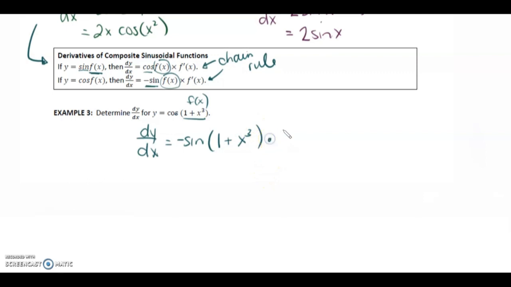And then we're going to multiply by f prime of x, which is the derivative of 1, which is just 0, and the derivative of x cubed is 3x squared. So I would just write this 3x squared in front. Negative 3x squared sine(1 plus x cubed).